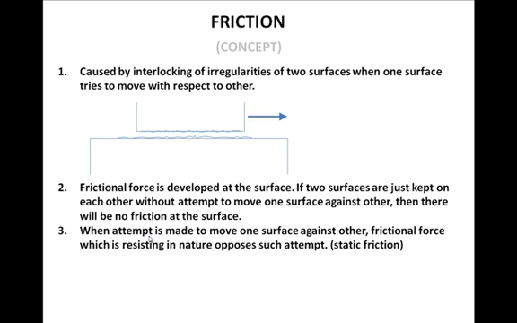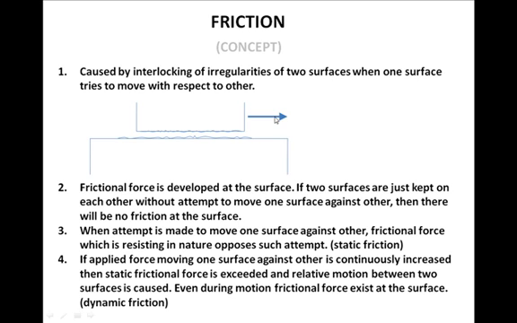Only when an attempt is made to move one surface against the other, frictional force, which is resisting in nature, opposes such an attempt. And if the upper body doesn't move, then this comes under static friction.